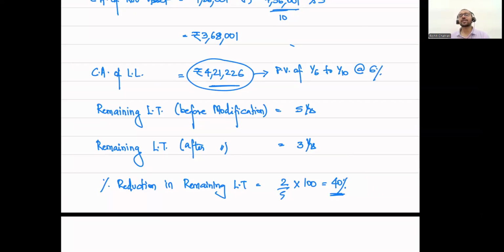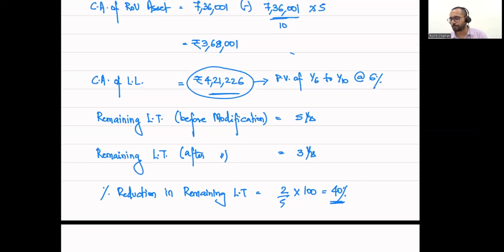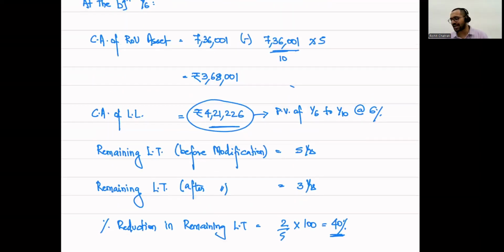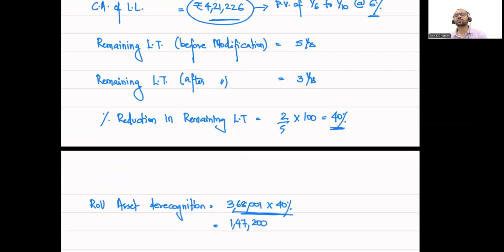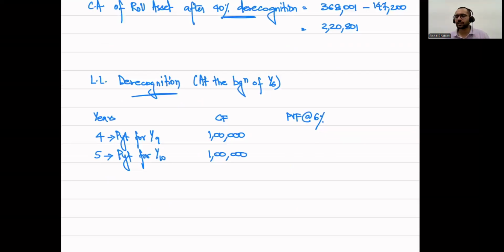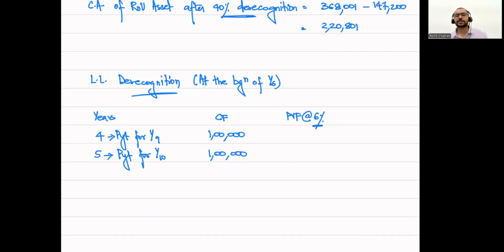You can recalculate this 4,21,226 as the present value of the payments from year 6 to year 10 at 6%. Now, from this value, I need to derecognize 1 lakh for year 9 and 1 lakh for year 10 discounted at the rate of 6%. This is included in 4 lakh 21, and I have to remove it from there. Therefore, I'm discounting it at 6%.